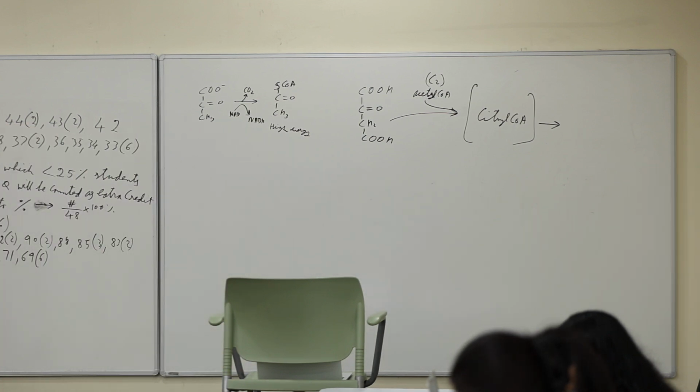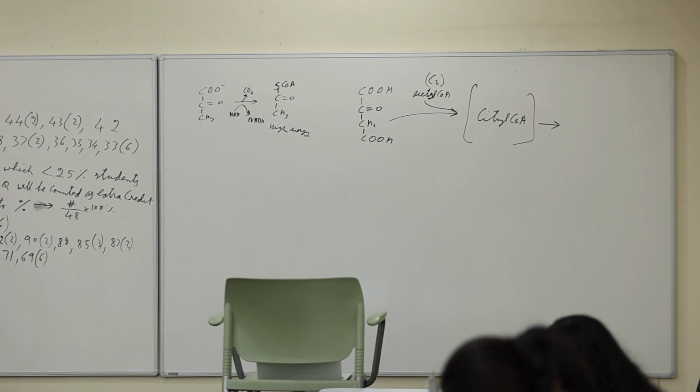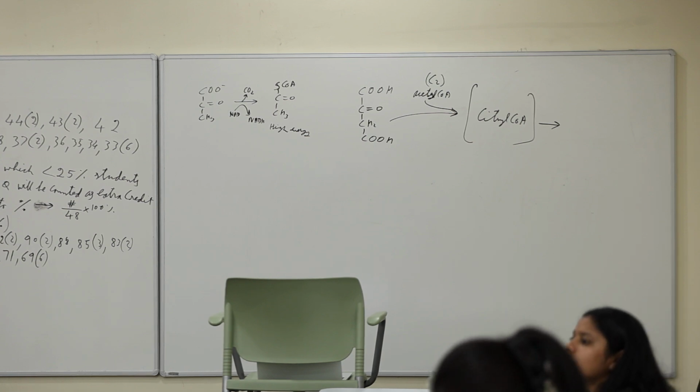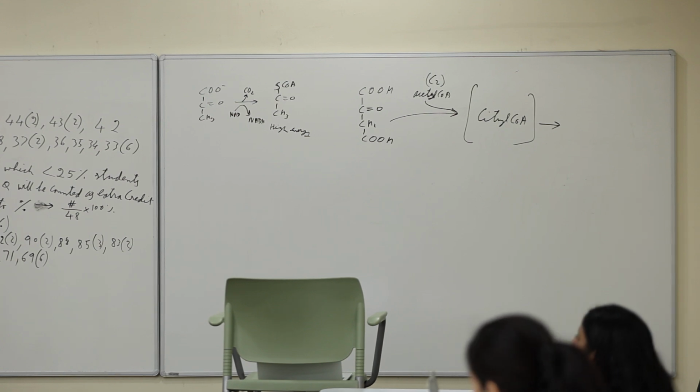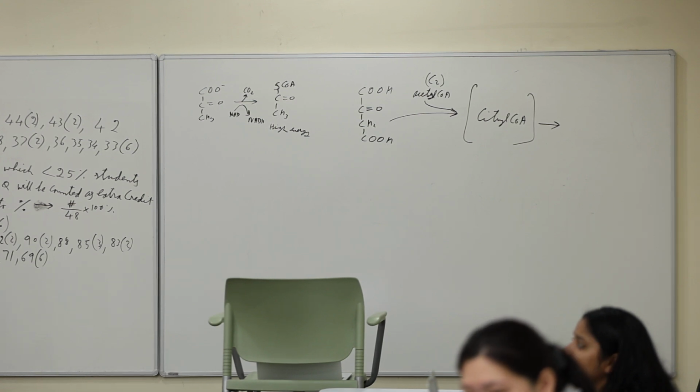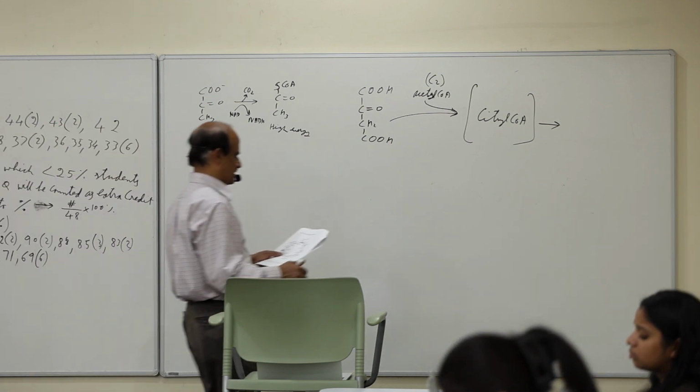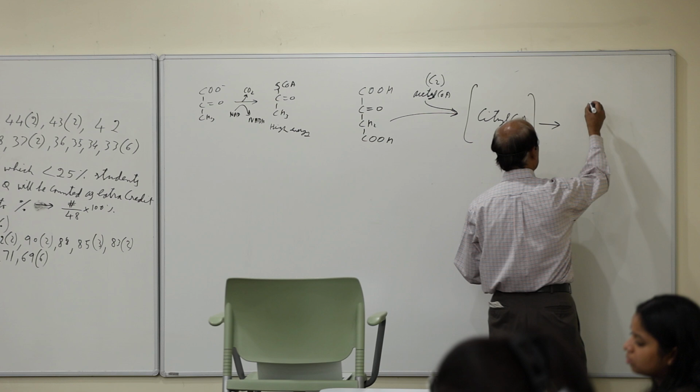And I sent you the reactions by email. So the citric acid cycle is there in any textbook, and it looks like a cycle just like this one. It's a very common figure shown in all books. And the first product is the citric acid.